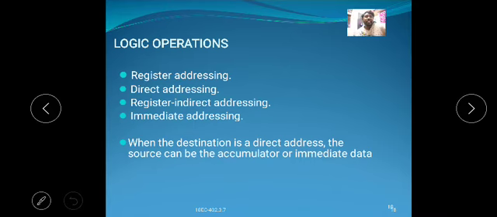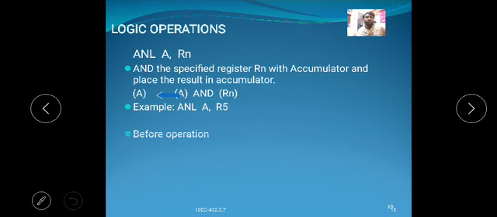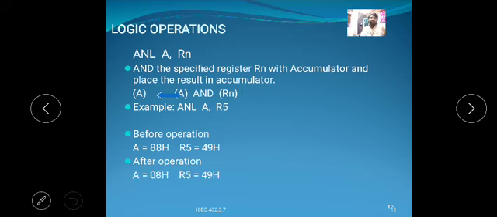When the destination is the direct address, the source can be the accumulator or immediate data. ANL A comma Rn.